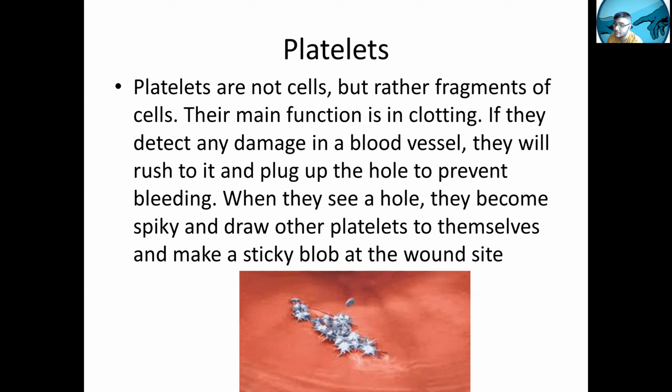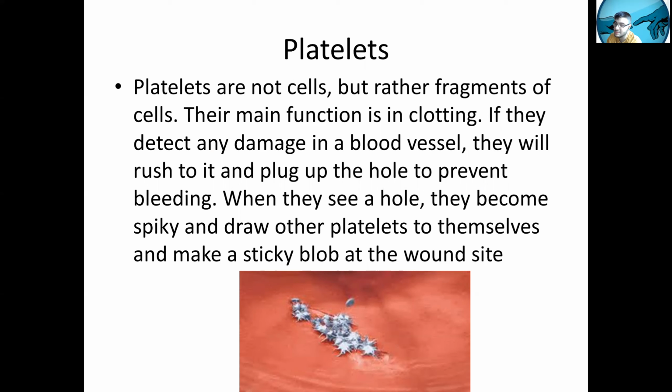If they detect any damage in a blood vessel, a platelet or a couple of platelets will rush to it, and then they'll release a factor which attracts more and more platelets, and eventually all of these platelets will be drawn to this hole in your blood vessel, which is bleeding, and they'll start plugging it up.